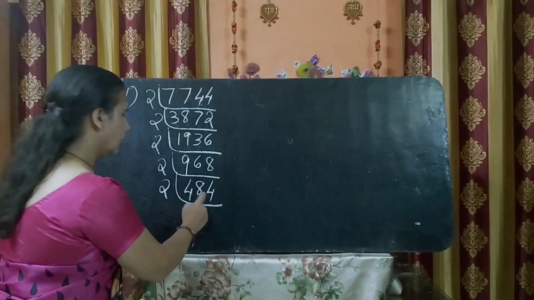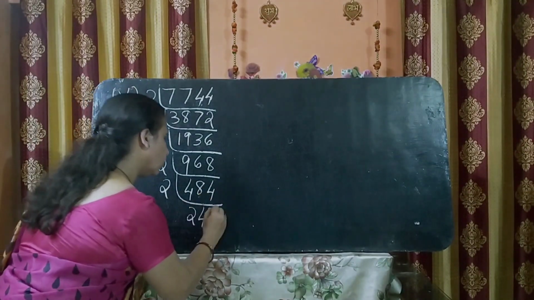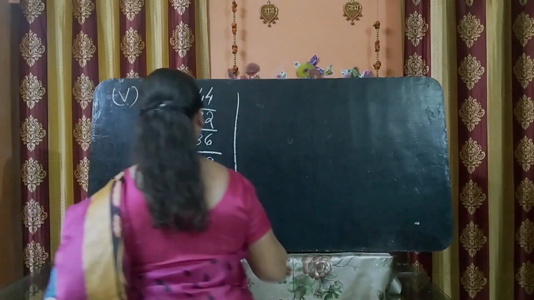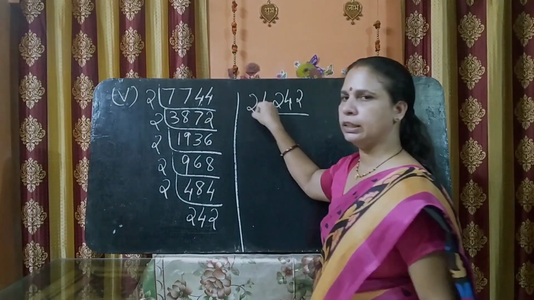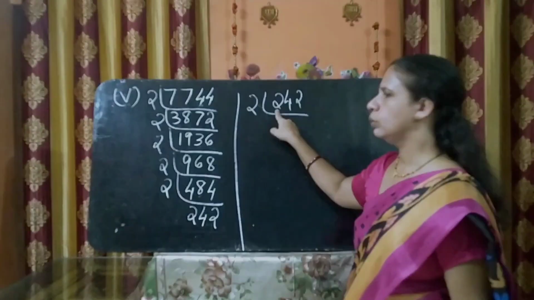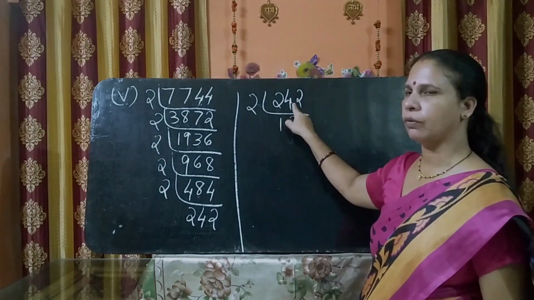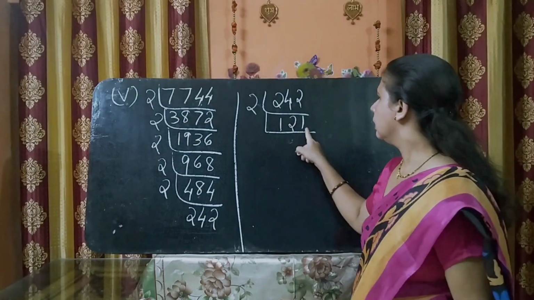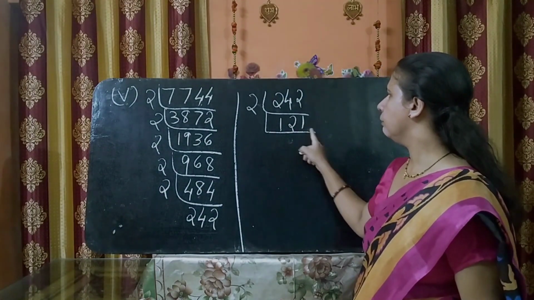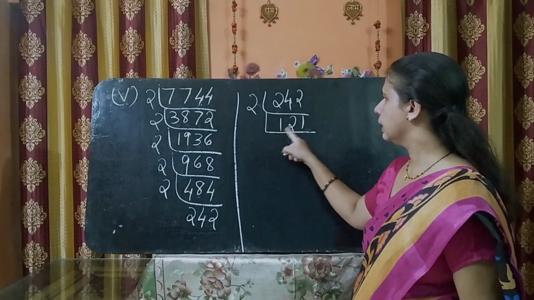Then 8. 4 2's are 8. 2 2's are 4. Here 242. Factor is 2. 1 into 2, 2. 2 2's are 4. 1 into 2, 2. Then we cannot take any 2, 3, 7 factor. Direct we can take the factor.